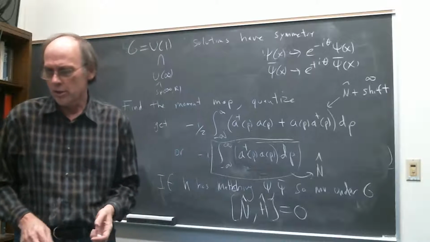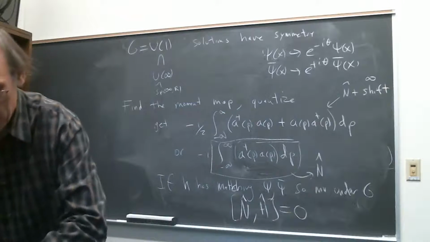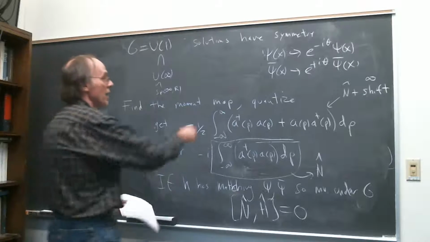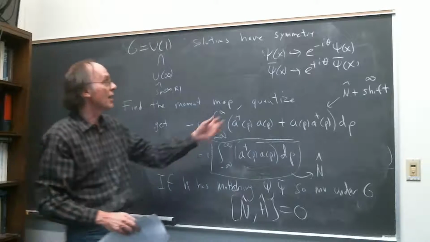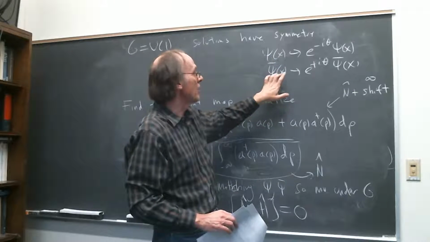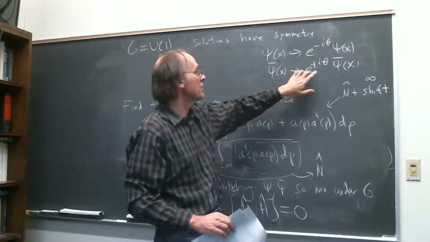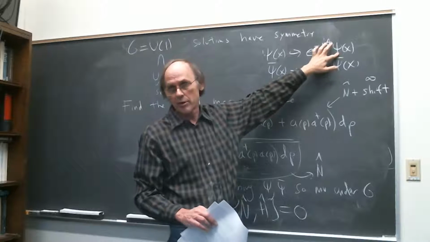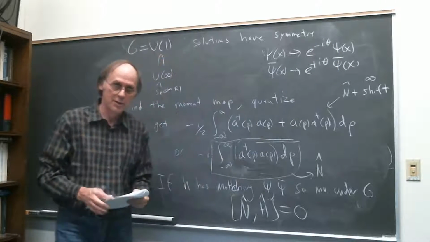You can do this just quickly. This is what's called an internal symmetry. X isn't changing here. You're just changing the values of the fields.